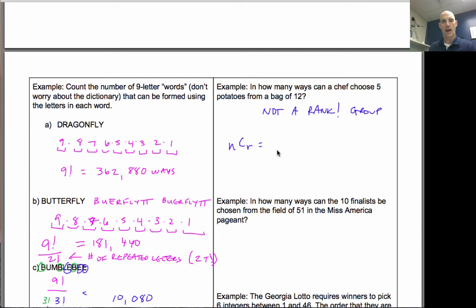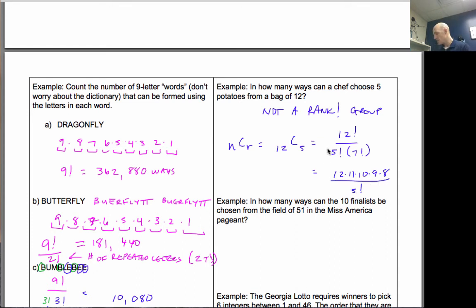And we're going to have 12 potatoes chosen 5 at a time. So I'm going to have 12 factorial, and then I have to eliminate the repeats because potato A, B, C, D, E is the same as potato D, C, A, B, E. I think I got all letters right. Okay? And so it's going to be over 5 factorial and then 7 factorial. So it's equal to 12 times 11 times 10 times 9 times 8 over 5 factorial.